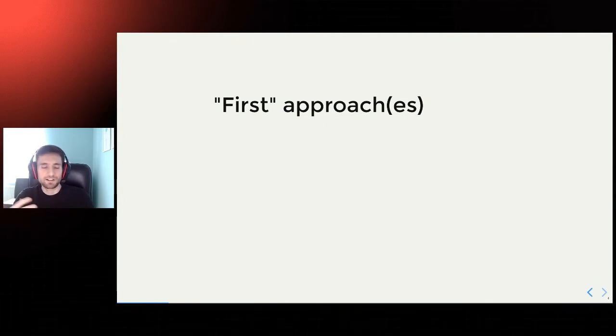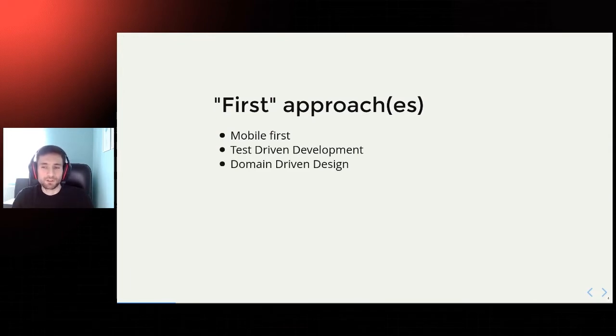But now let me first show you the first approaches that we have in software development. So of course we have mobile first. We have test-driven development. There is no first in the name, but still it's about putting tests, like writing tests before the implementation and putting tests in an important spot. And we have domain-driven design. So we first create the core domain of our application, then build around that.